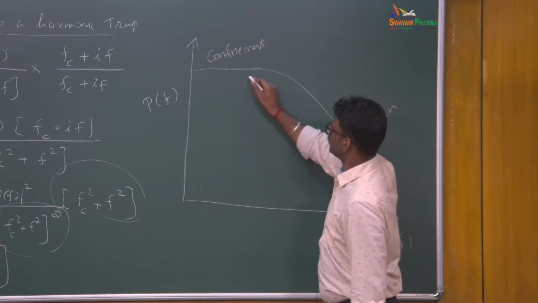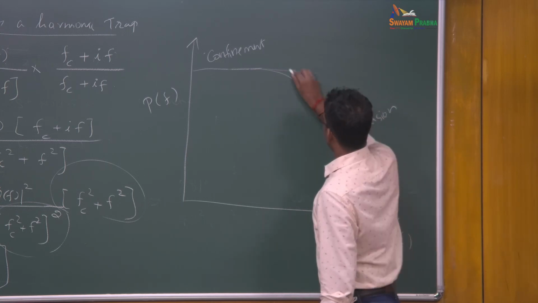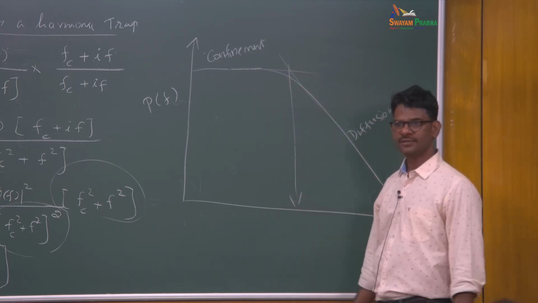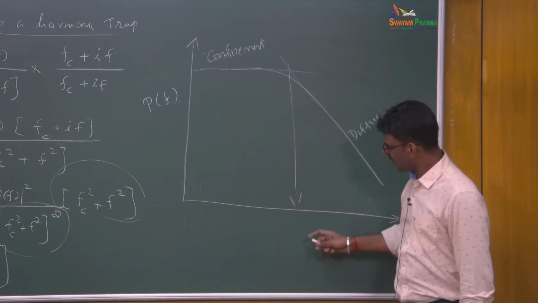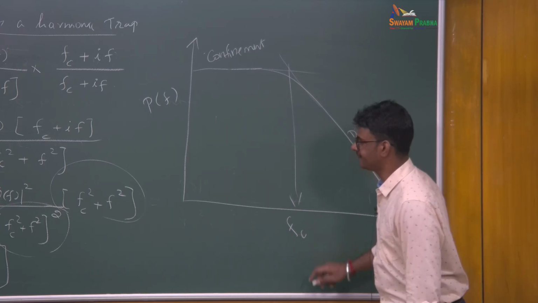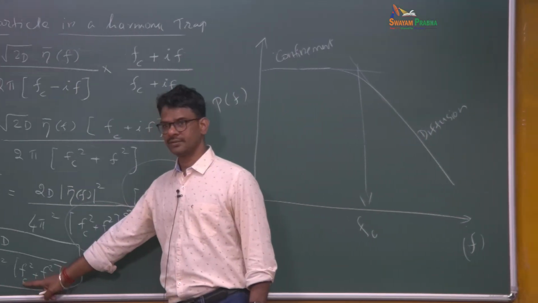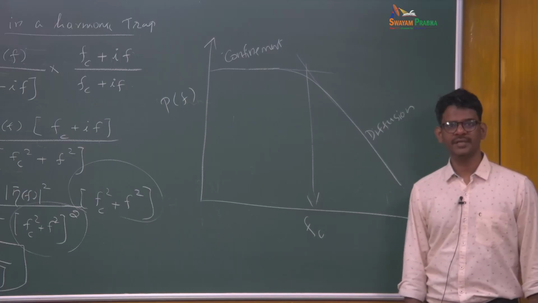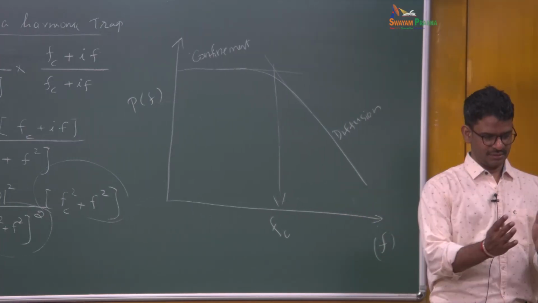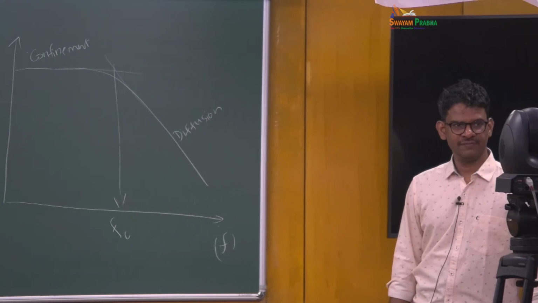So there is a frequency where this change happens from free diffusion to confinement, and we call that the corner frequency, Fc over here. This corner frequency depends on the damping coefficient and the steepness of the potential that we apply.